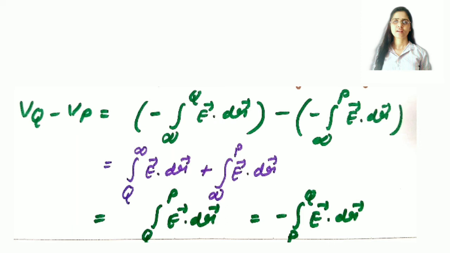V of Q minus V of P is equal to integration Q to P vector E dot d vector R, and this potential difference shows the work required to be done to take a unit positive charge from P to Q against the electric field, and in that sense it also shows the potential of Q with respect to P.